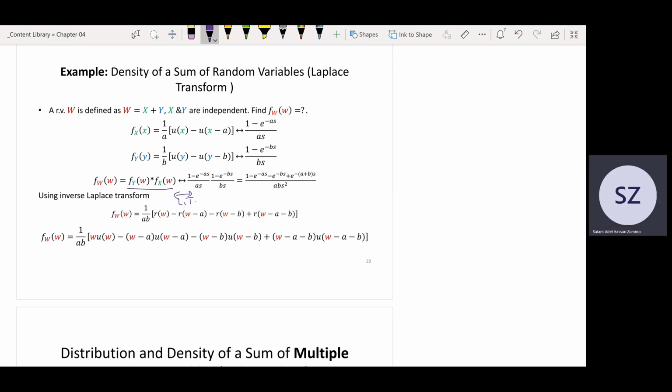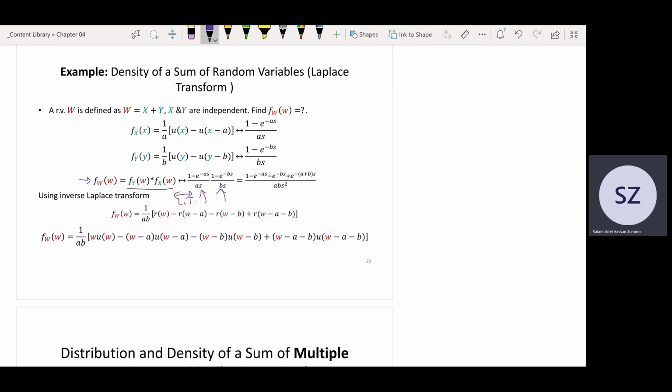So basically, W can be found by convolving the PDFs of X and Y, or by finding the moment generating function of Y and the moment generating function of X, which is this multiplied by this. Multiplying them gives you the product.